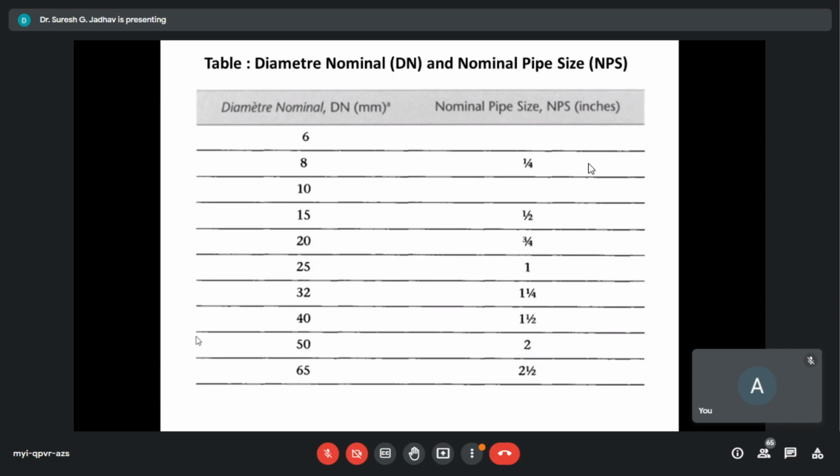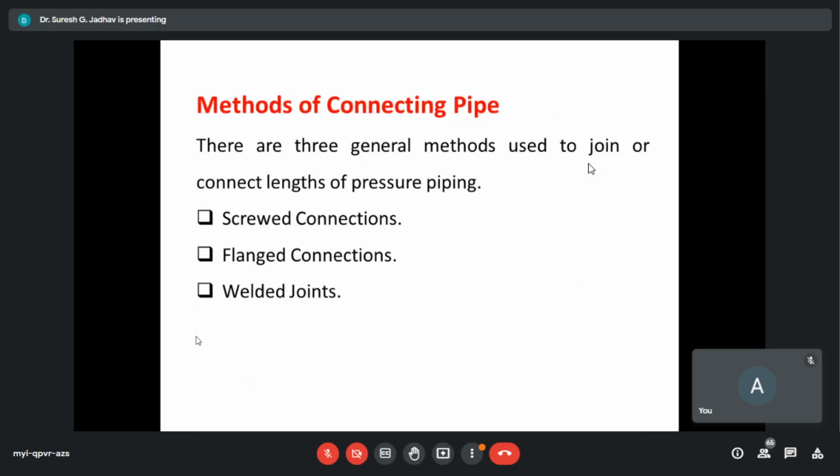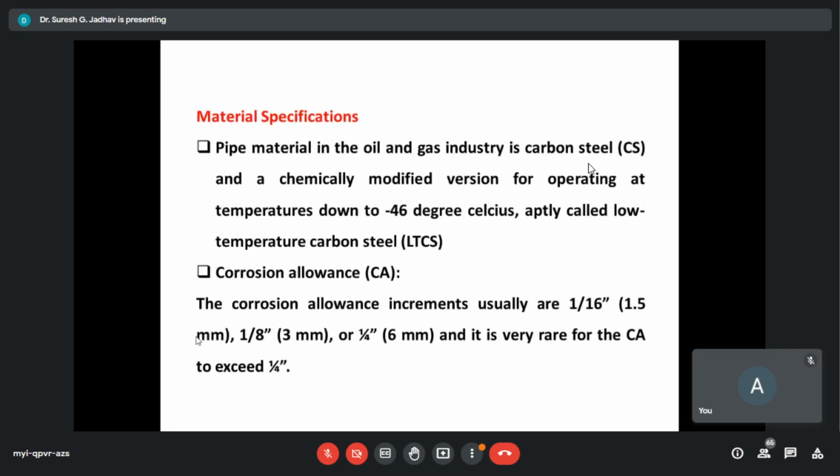As per ASME B36.19M, stainless steel pipes cover the standardization of dimensions of welded and seamless wrought stainless steel pipes.